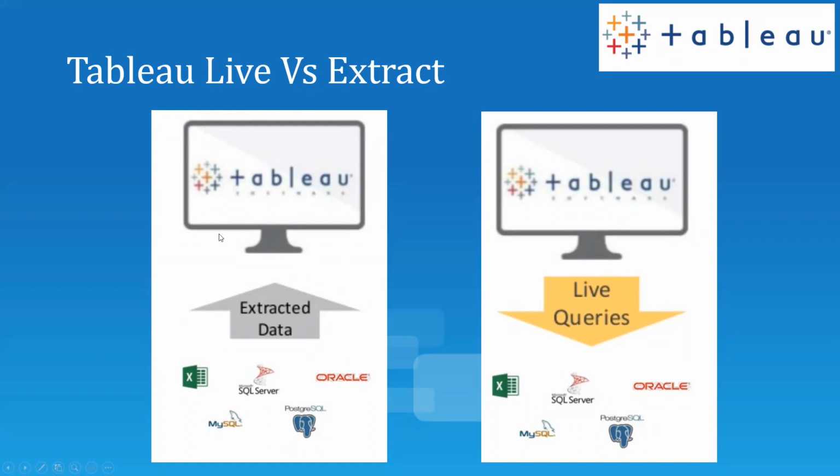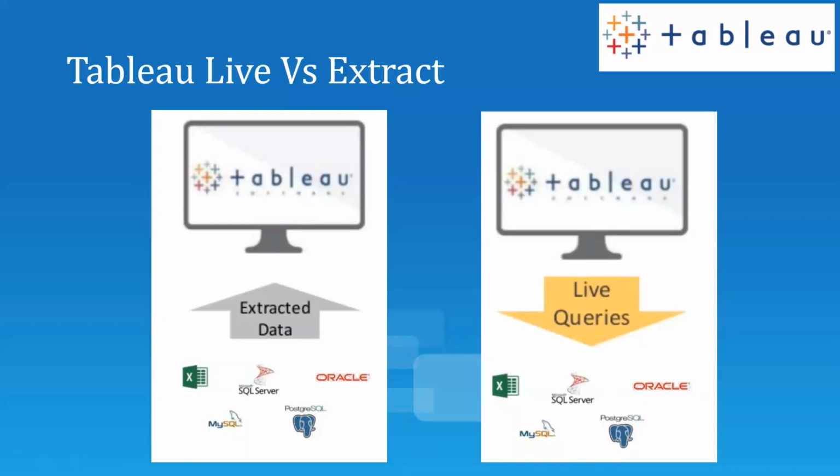So there are limitations and advantages. When it comes to live queries, the advantage is we can query huge data, and the limitation is it will take some time to get data, because data resides in the data sources. When it comes to extract data, we can't extract a huge volume of data, and we need a refresh schedule.